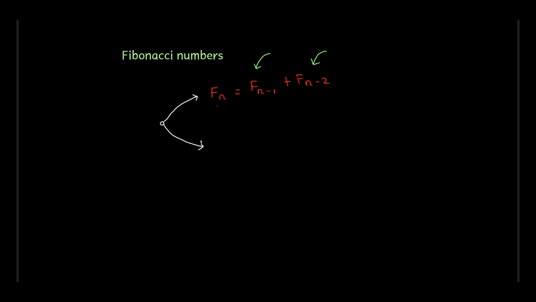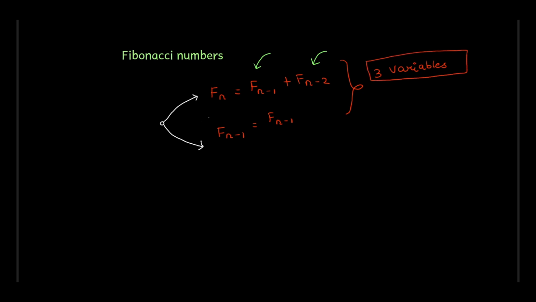You have written this f of n as this, and I'll write one equation that is always true, which is f of n minus 1 is equal to f of n minus 1. Now you have two equations and you have three variables. Now you know that solving a system of equations can be done via matrix and determinants.